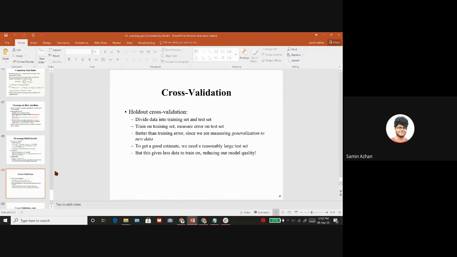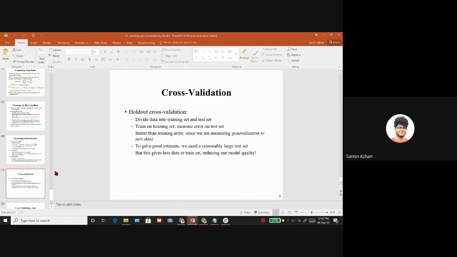So the next slide tells us something about cross-validation. In general, what cross-validation means is using multiple different algorithms to create different models and comparing between them to validate which one is performing better for your case. So let's say you have a problem. You should use multiple machine learning algorithms. You can use different classification or regression algorithms and then compare them.